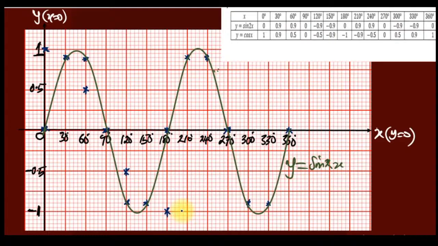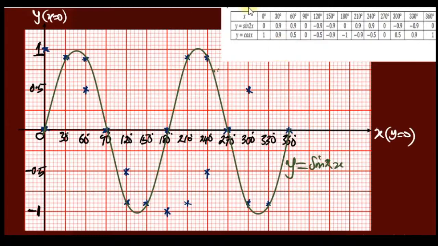Remember, 0.9 is 18 down: 5, 10, 15, 16, 17, 18. When it is 240, minus 0.5 is here. 270 is the same point. 300, 0.5 is up here.